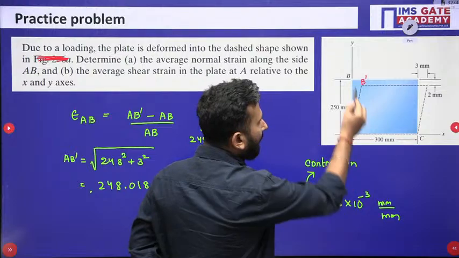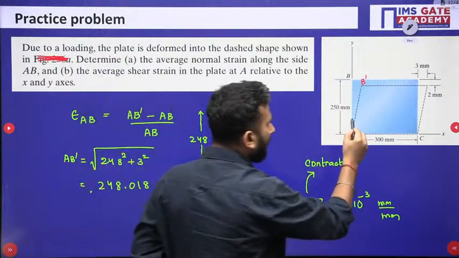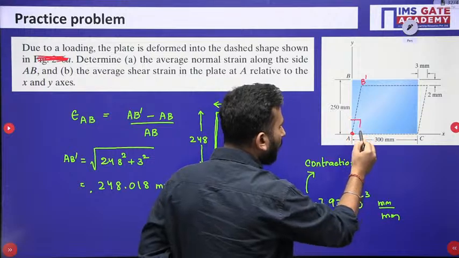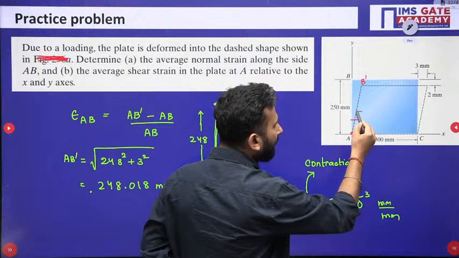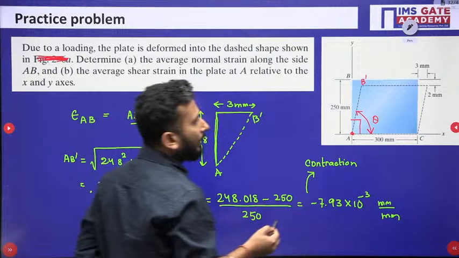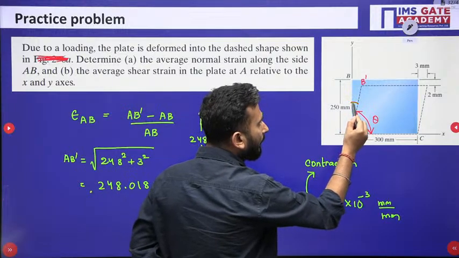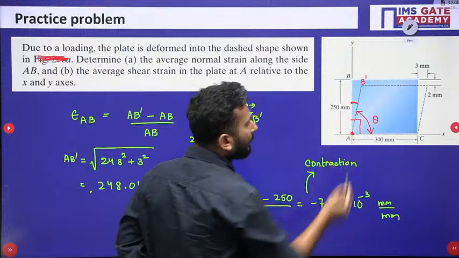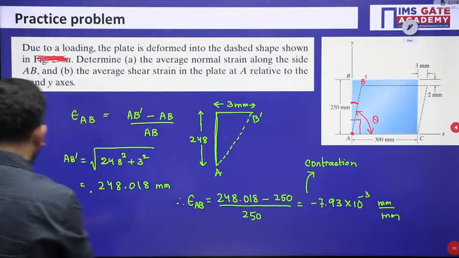Initially, AC and AB were perpendicular to each other, so the angle between the two is 90 degrees. But now you can see that the angle has changed to some theta. This change in the angle is nothing but the shear strain. I hope I am clear to you.